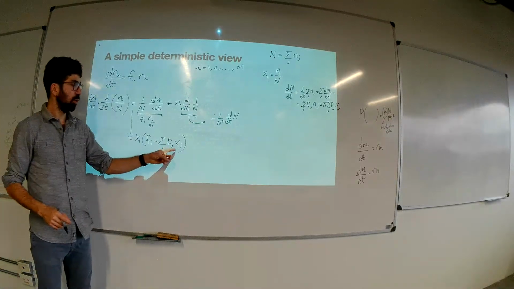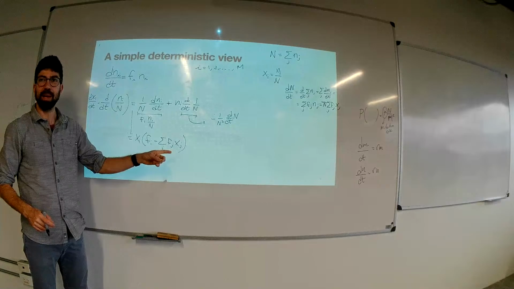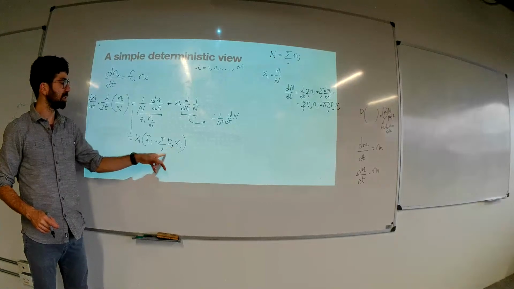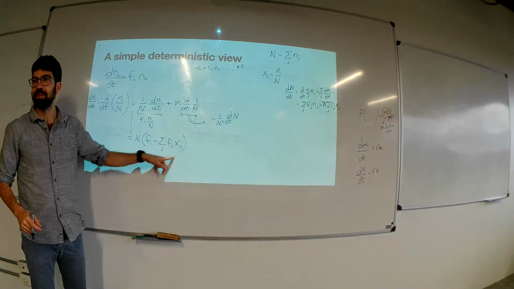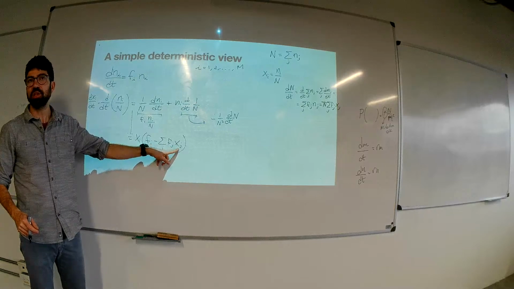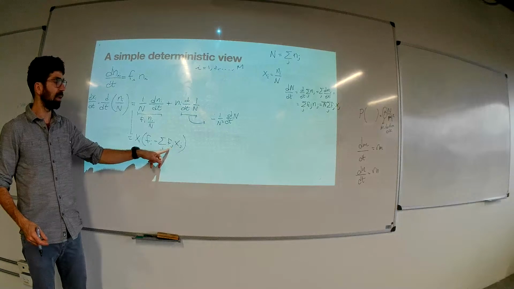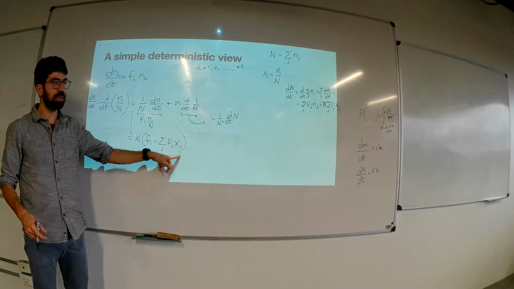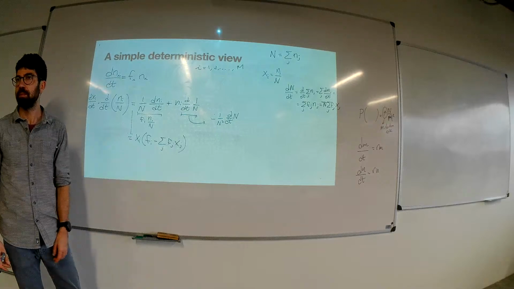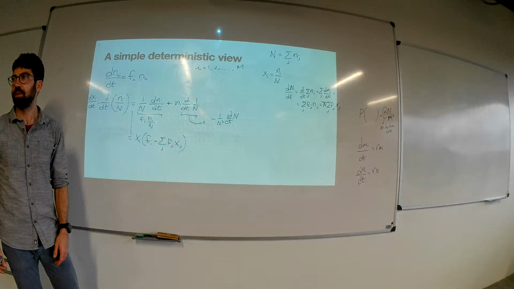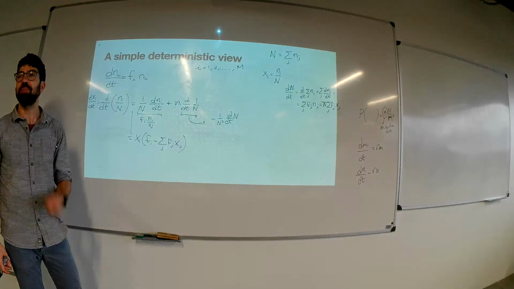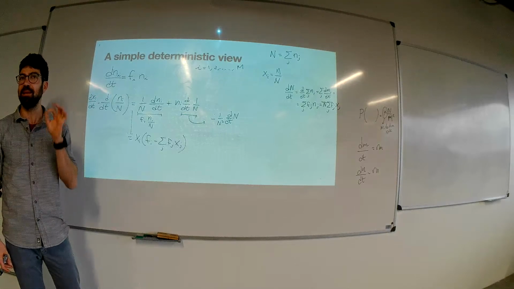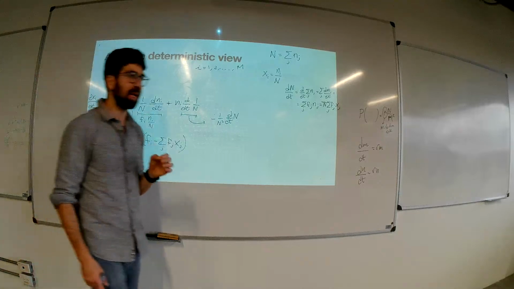Now, you win a fantastic prize if you tell me what this quantity here is. So x_j is the fraction of individuals of type j, and f is their growth rate, or let's say their fitness. So what is this quantity? What is the probability that if I take an individual at random, it is of type j?